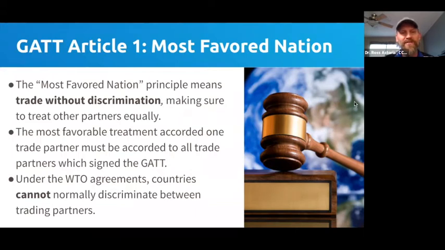So this means that the United States, for instance, cannot have different tariffs for different countries. If it has a tariff schedule of $1 per ton of steel for imports from Canada, and that is the best rate, then it must charge that same tariff on imports from all other countries. So most favored nation status is kind of the baseline. And if you deviate from that, you will be violating the most favored nation status.